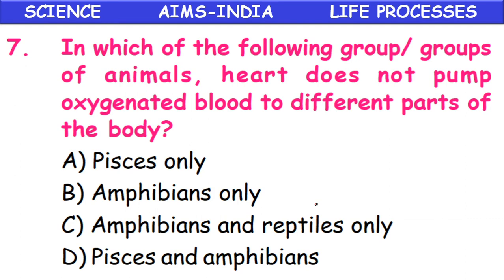In amphibians and reptiles, mixed blood is pumped to all parts of the body, meaning both oxygenated and deoxygenated blood mixed. So it is the fishes only, as single circuit circulation is seen in fishes.